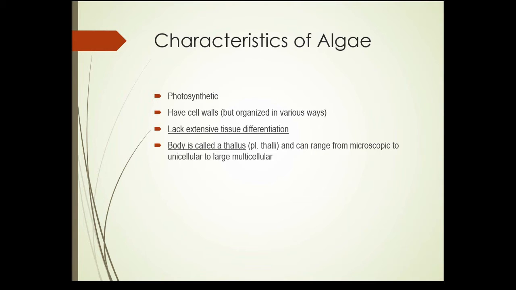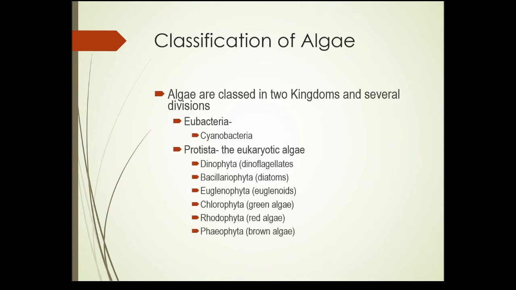Algae lack that differentiation. The body of an algae is called a thallus, or plural thalli, and they can range from microscopic and unicellular to large multicellular organisms, as we saw in that very first slide with the kelp.